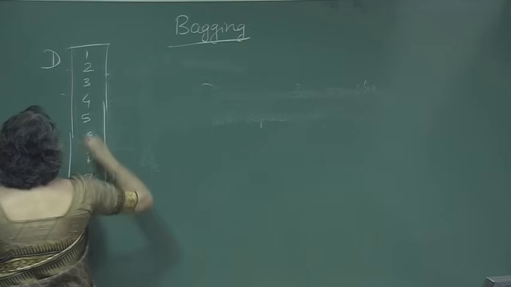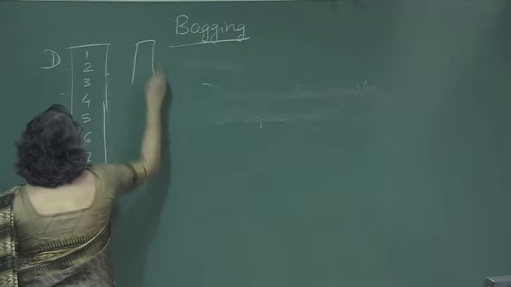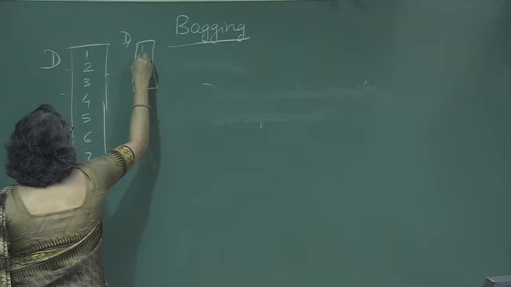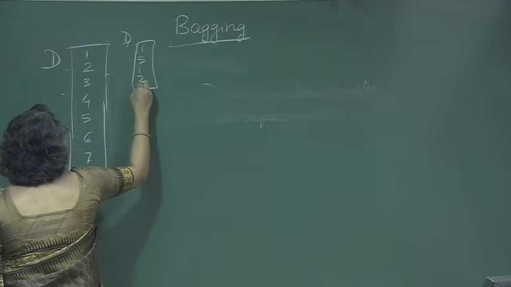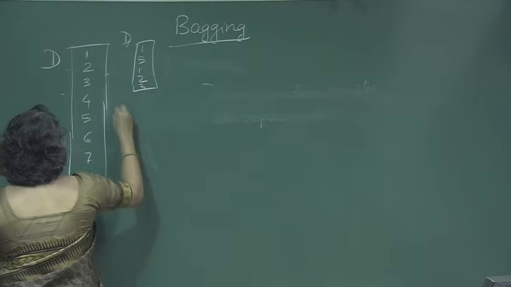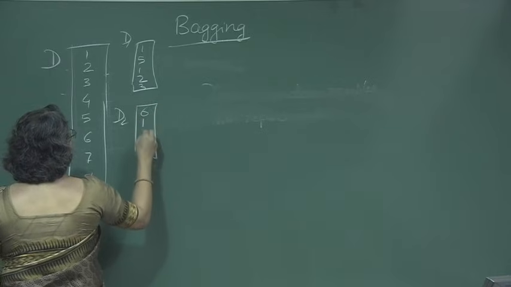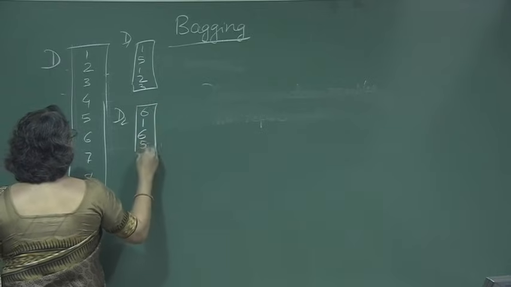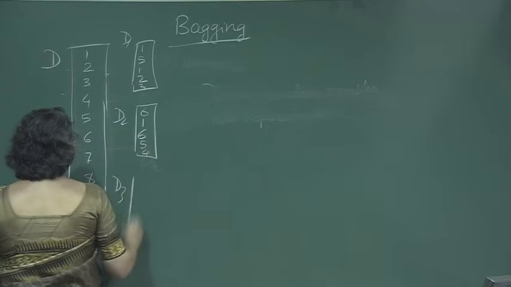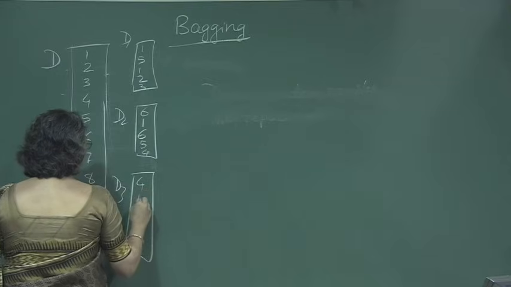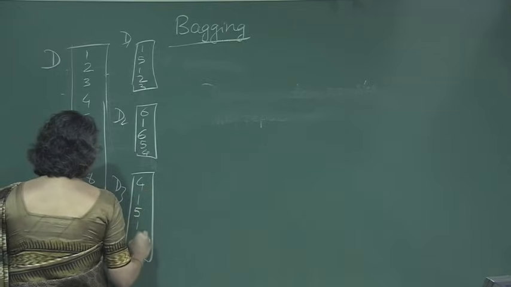We sample and we get D1, and D1 may have 1, 5, 1, 2, 3. D2 may have 6, 1, 6, 5, 4. D3 may have 4, 1, 5, 1, 1.